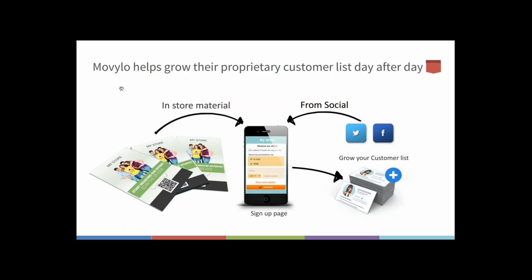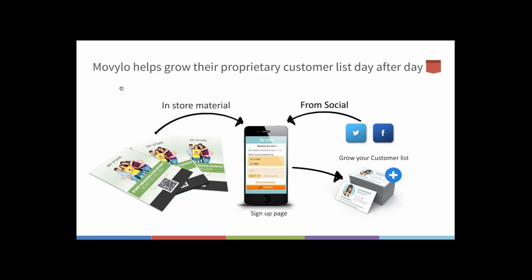One example that can clarify this is that maybe you already have a Facebook page, and maybe you have Facebook fans or followers on Twitter, but one thing is having a like on Facebook, and another thing is having an opted-in customer in your mailing list.